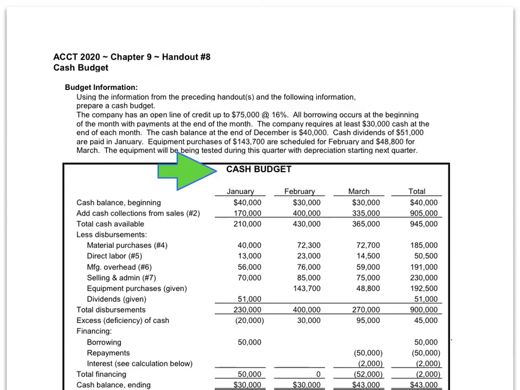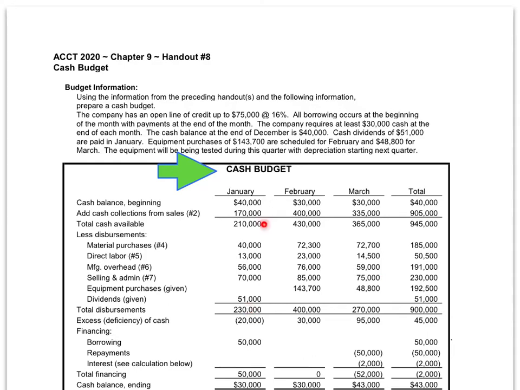The equipment purchases were given, $143,700 in February, $48,800 in March. And then dividends are going to be paid in January. And all of these are outflows. You can write disbursements or cash outflows. So adding up just our outflows or disbursements, which also means payments, we get 230.